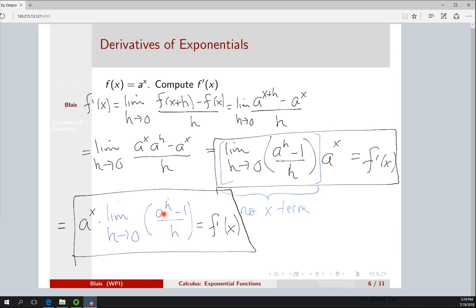But it's a number that depends on a. And that's an important thing to recognize, that there's no x in there, which means this limit is just a number. So let's give it a name. We'll call it m of a.